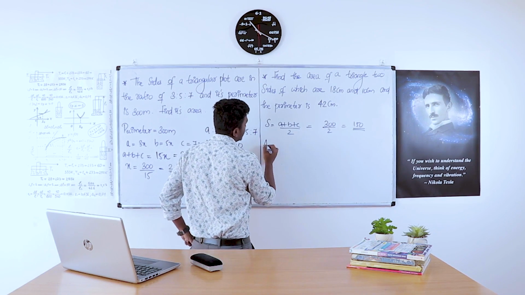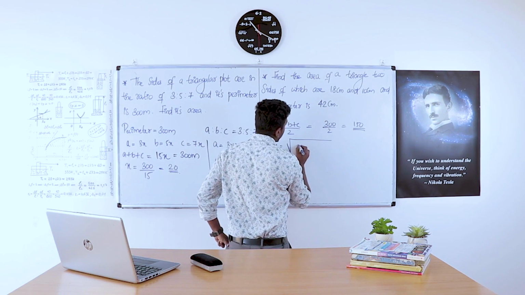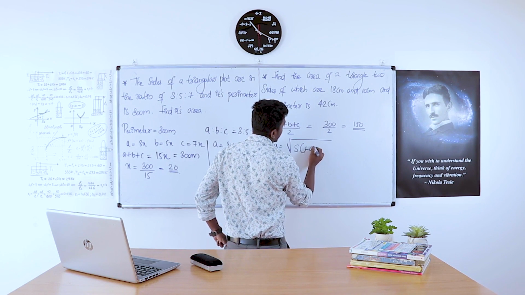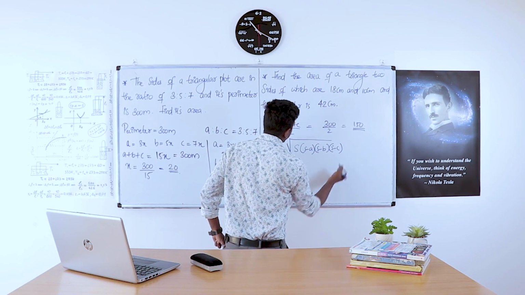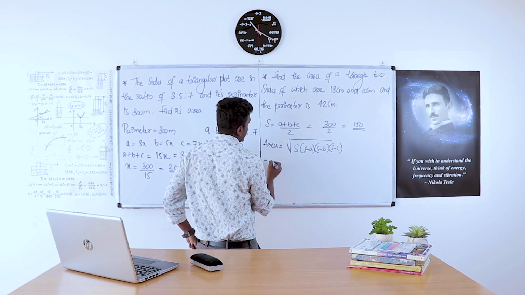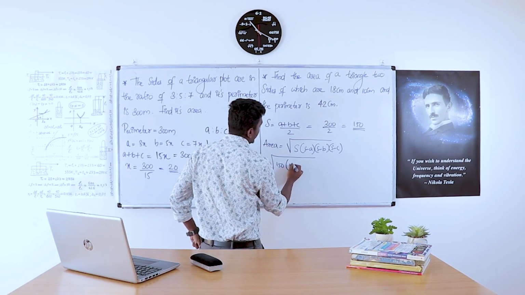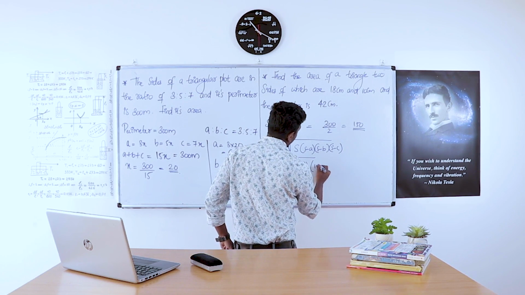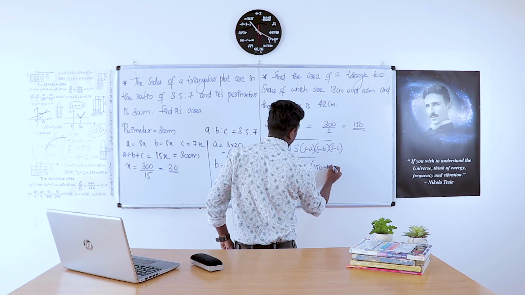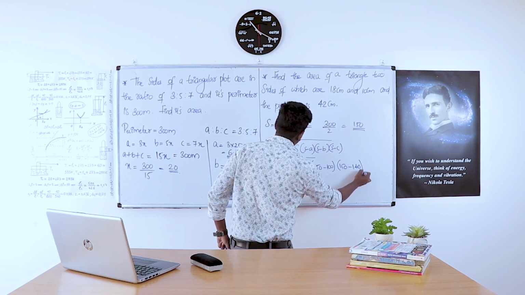Now area is equal to, by Heron's formula, root of S into S minus A into S minus B into S minus C. Substituting the values, S is 150. Root of 150 into 150 minus 60 into 150 minus 100 into 150 minus 140.